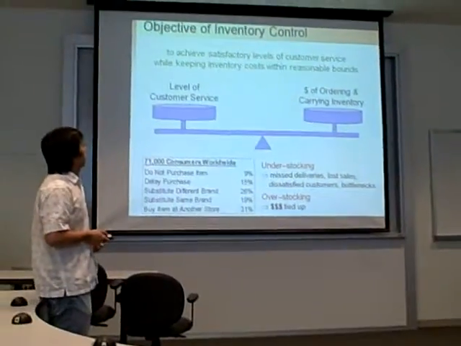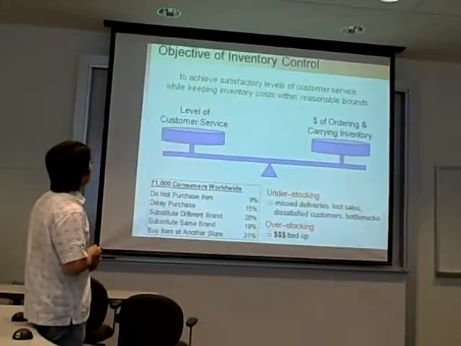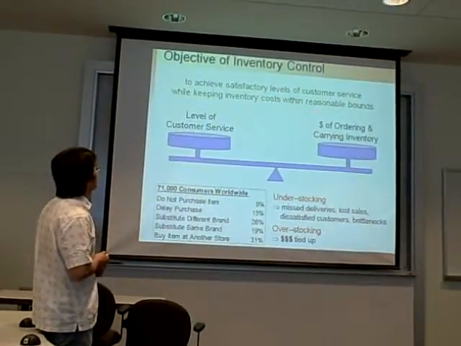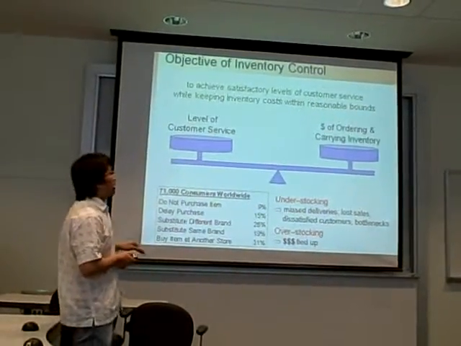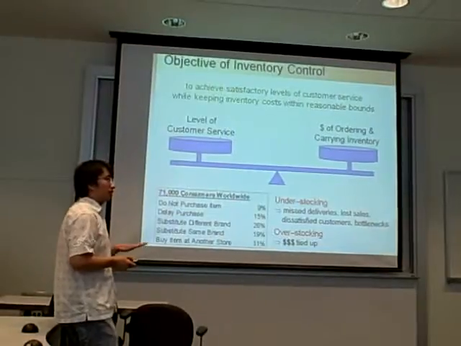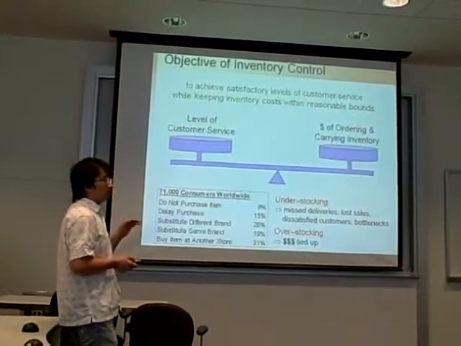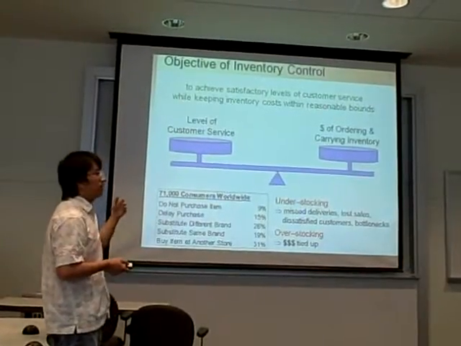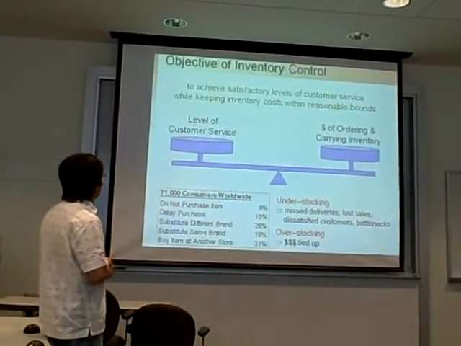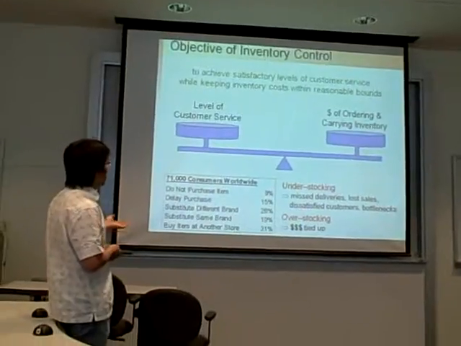The objective of inventory control is to achieve satisfactory levels of customer service while keeping inventory cost within reasonable bounds. As I said, we want to keep the inventory level as low as possible, but we cannot have no inventory, because we also want high customer service. So this is why we want to have inventories.